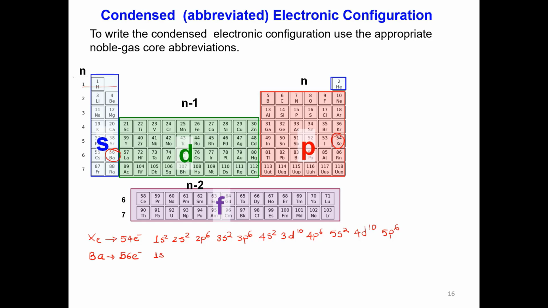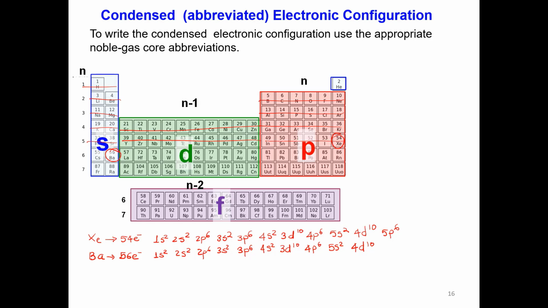We had 1s2, 2s2, 2p6, 3s2, 3p6, 4s2, it's not 4, it's 3d10, again 4p6, 5s2, 4d10, remember it's not 5, it's 5 minus 1, it's 4d10.